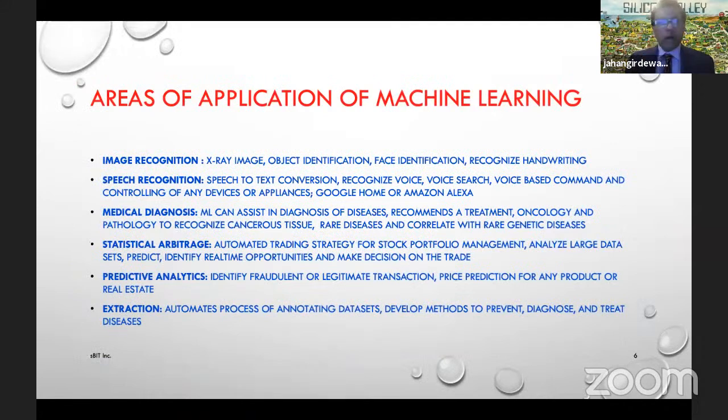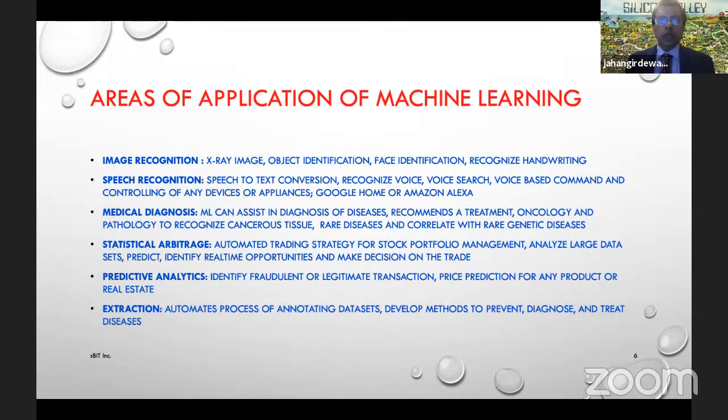Here are various application areas of machine learning. Image recognition uses a lot of data. Of course it is much more intelligent; regular data science uses machine learning algorithms inside. X-ray images, for example, can show whether someone has cancer or diabetes and what kind of treatment should be given.